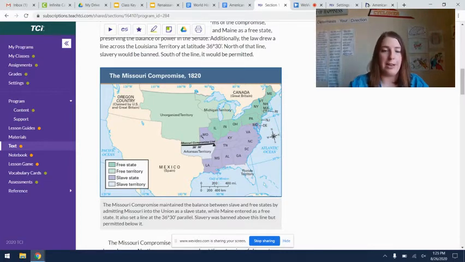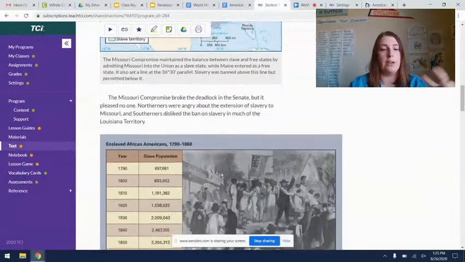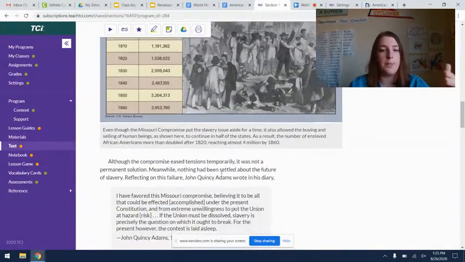All right. Now the trade-off, the slave states got Missouri and Maine became a state, and that is also a free state. Okay, so that was the Missouri Compromise. Notice compromise. They're trying to get both sides happy. All right. Well, eventually we know that that's not going to stay that way.